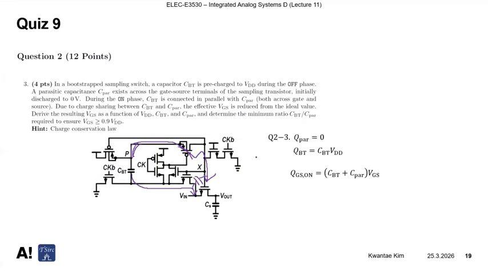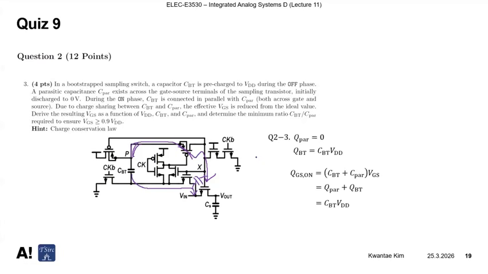Then we can also apply Q equal to CV. So C is CBT plus C parasitic, times VGS, the gate to source voltage. By the charge conservation law, we can simply derive that this charge is equal to the summation of the previous charges.